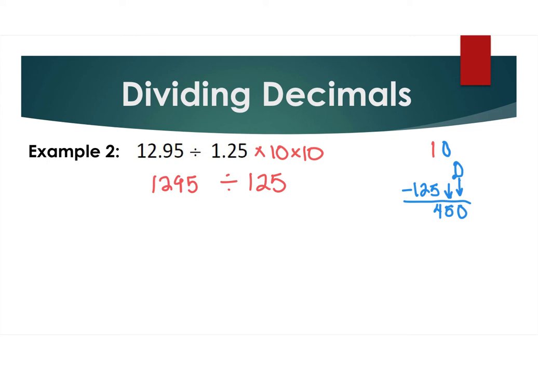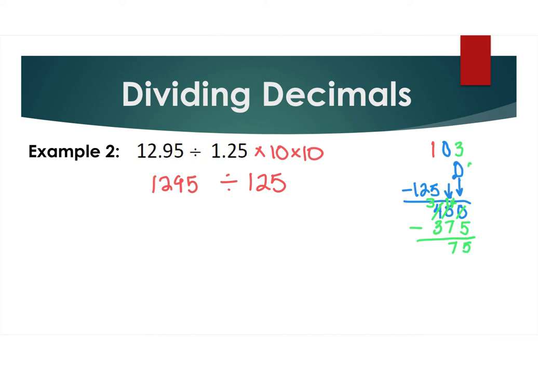125 does go into 450 3 times. 3 times 125 is 375. I subtract. And I get 75.